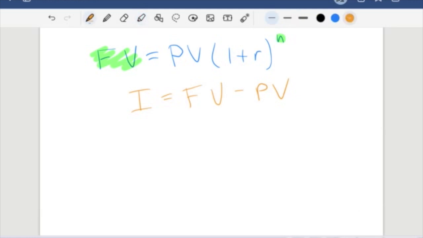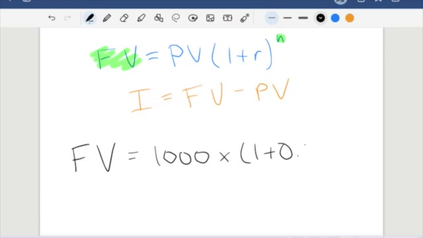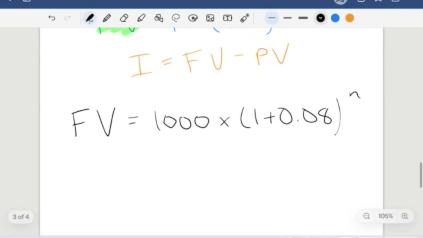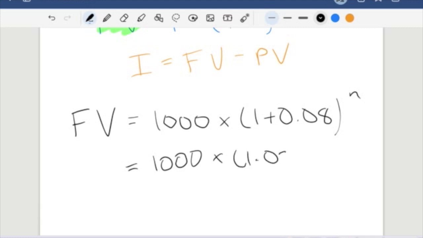First of all, before we can even think about the interest, I want to find the future value. So our future value with these amounts that they've given us is going to equal my principal, which was 1,000, times 1 plus 0.08 to the power of n. Okay, and I can simplify that to be 1,000 times 1.08 to the power of n.